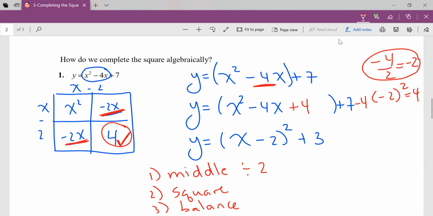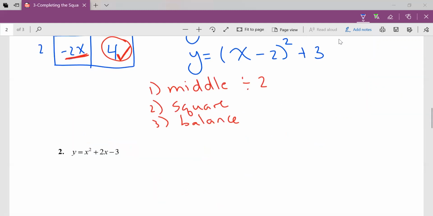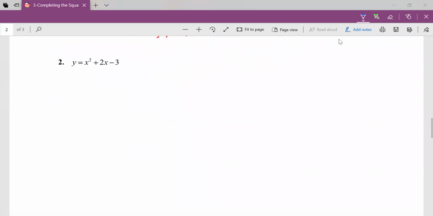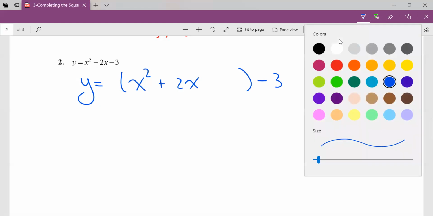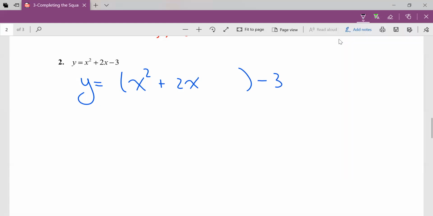Let's do a few more. These can get more difficult, and that's where I said the visualization starts to fall apart a bit. So let's complete the square for this one, all algebraically. I'm going to throw parentheses around the first two terms. Then I'm going to look at the middle term and divide it by 2. So 2 divided by 2 is 1.